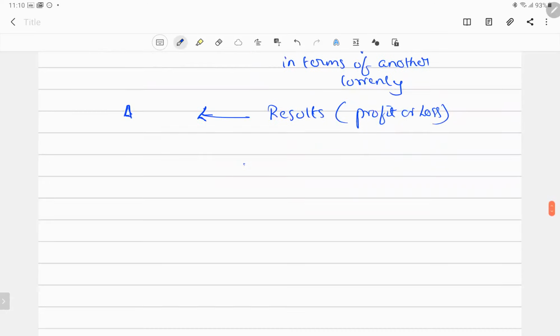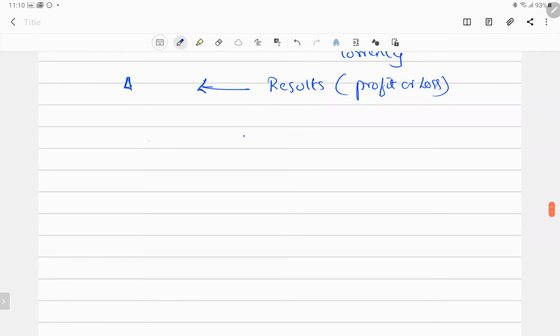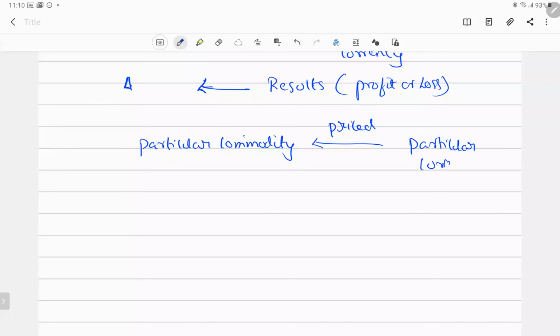So we know that a particular commodity is being priced in a particular currency. Right?